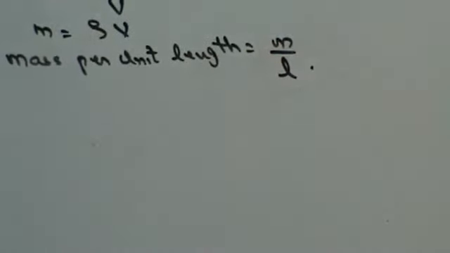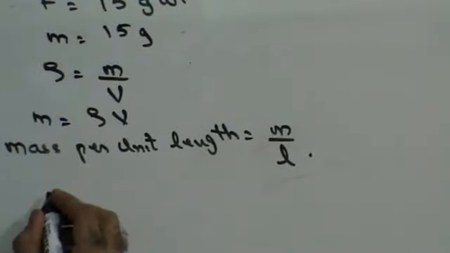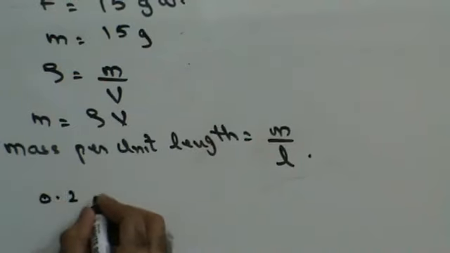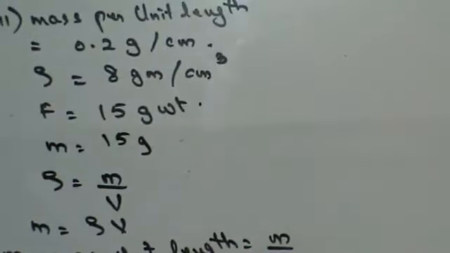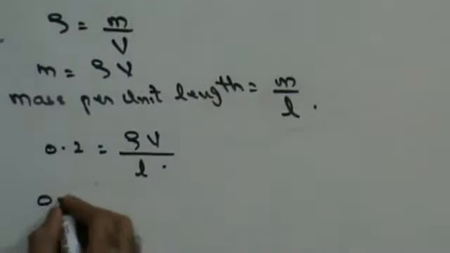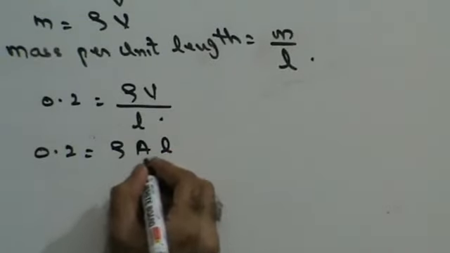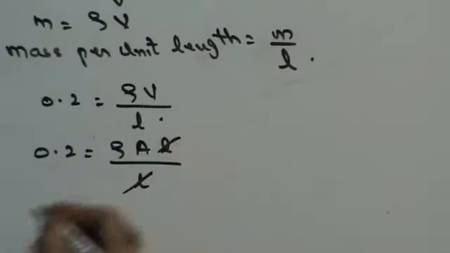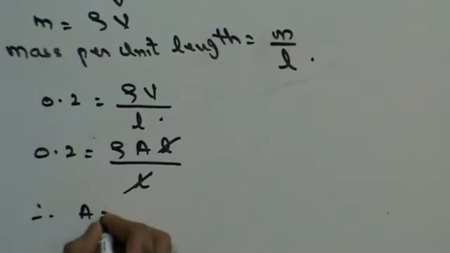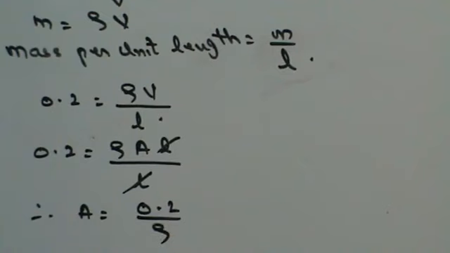But mass, I just found out, is nothing but density into volume. Mass per unit length is given to you as 0.2. Mass can be written as density into volume upon length. Volume is nothing but area into length upon length. Therefore, I can say here in this particular case, area is 0.2 upon density.